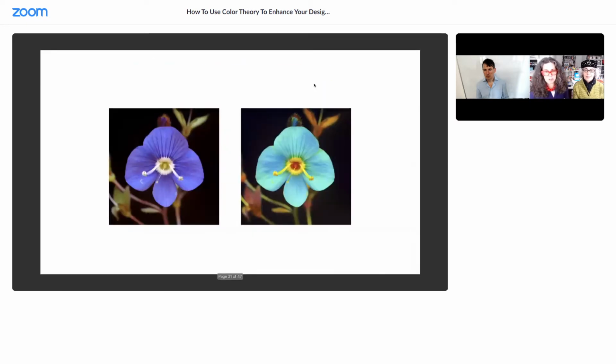Which gets us to these two flowers. These are the same flower, and humans with normal color vision see the color on the left. The flower on the right is adjusted so that we can get an approximation of what a bee sees, but the approximation is put within the spectrum of what we can see.